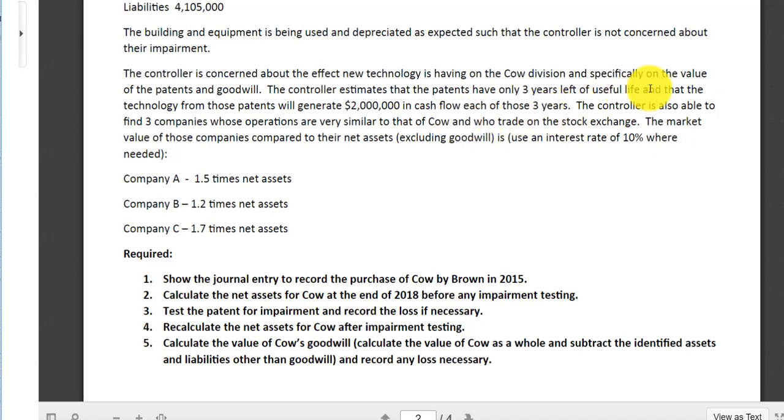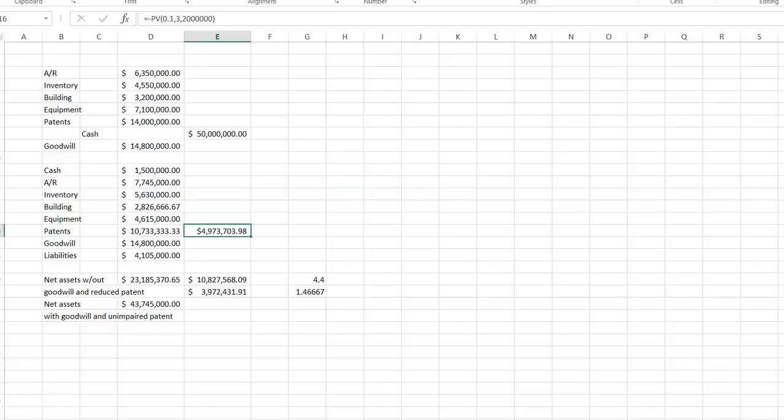So instead of lasting the normal time of a patent, that's going to be much shorter. So we're going to take the present value. We have to then consider this for impairment. And as you look at the impairment for patents, three years at $2 million, that's $6 million. That's well below what we've listed here on the balance sheet.